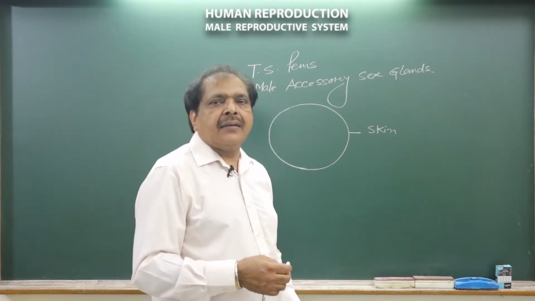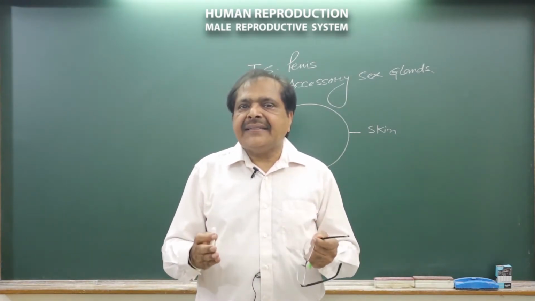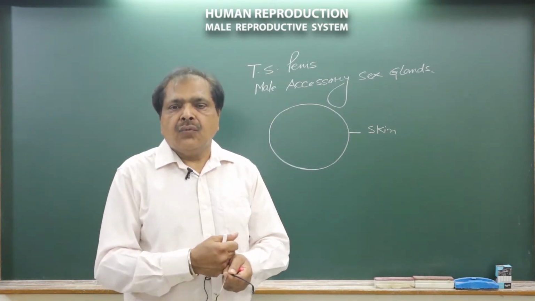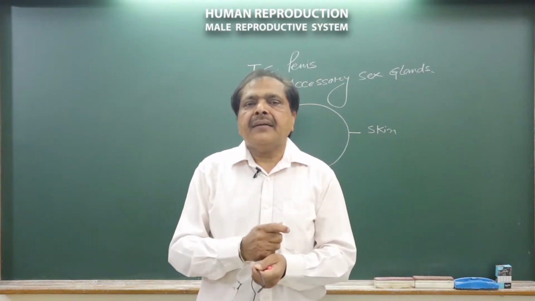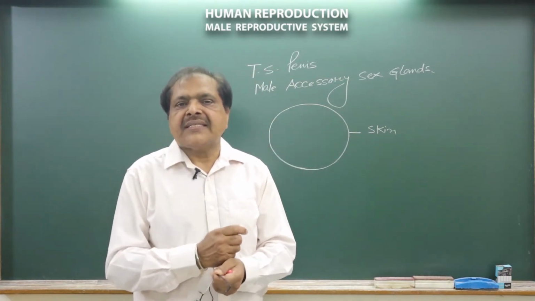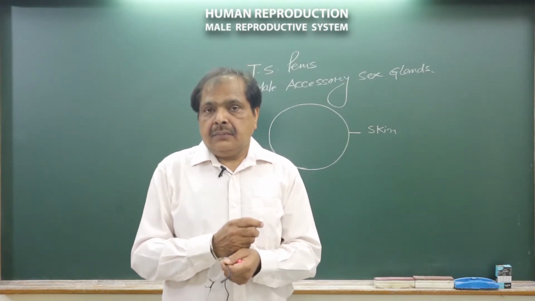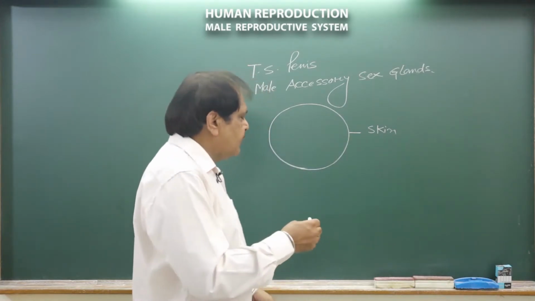And these erectile tissues are of two types. One is corpora cavernosa. They are two in number. They are present on the dorsal side. And one is corpus spongiosum, which is present on the ventral side.